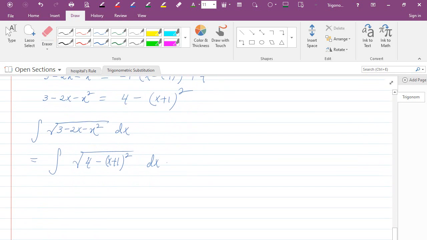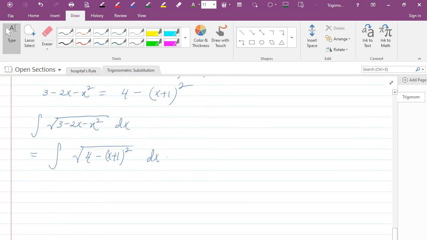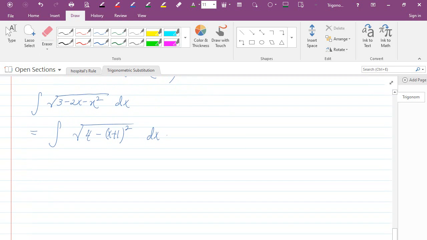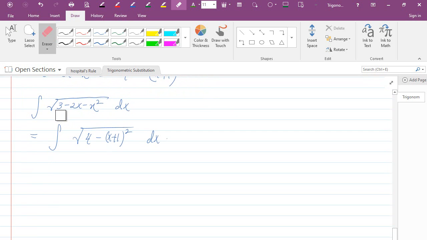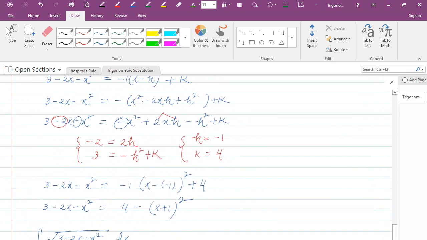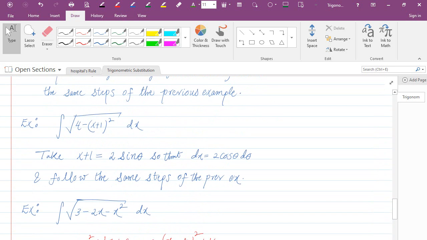Okay, so after completing the square, we are able to rewrite the quadratic inside the root as 4 minus x plus 1 squared. So the idea is that we substitute 3 minus 2x minus x squared by 4 minus x plus 1 squared. And if you recall, this is exactly the same integrand that I had here.